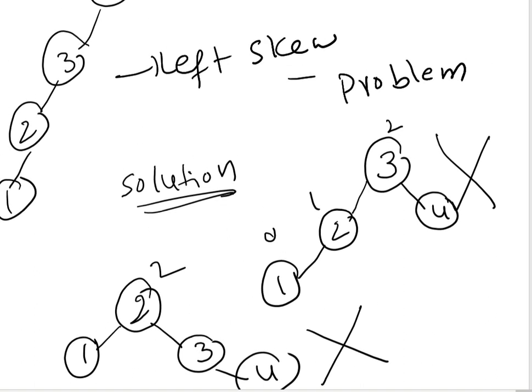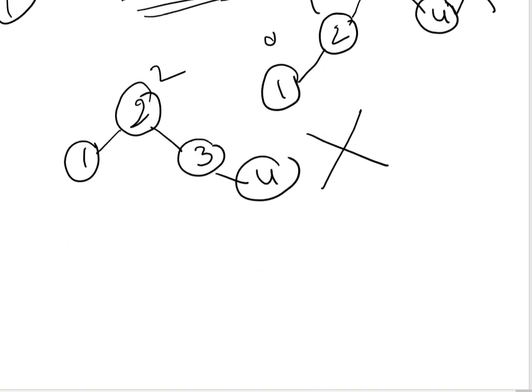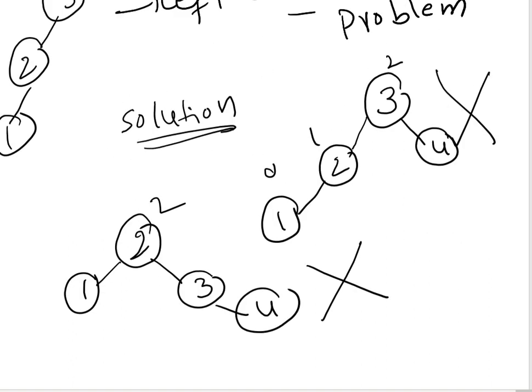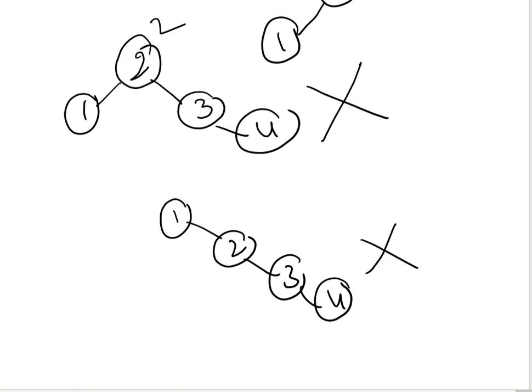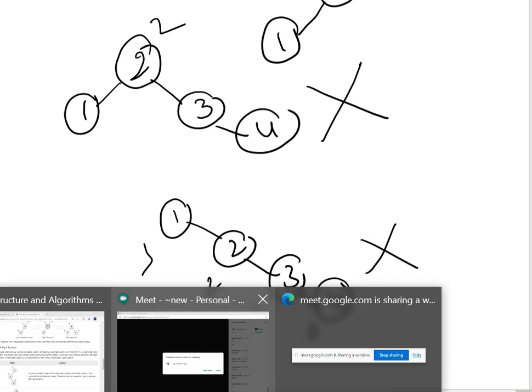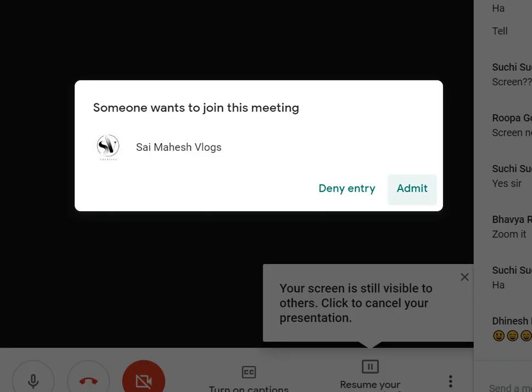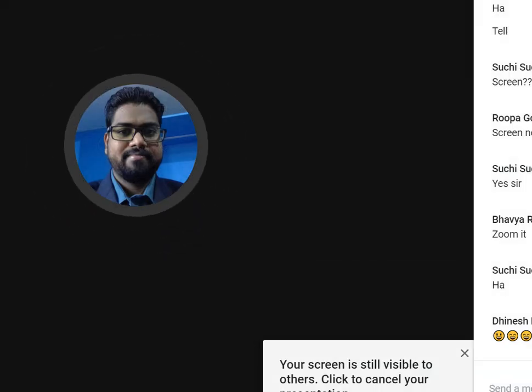So when can this tree be balanced? With root node 3 it fails, with root node 2 it fails. If we take root node 1 as well, 2, 3, 4, again it fails because 0, 1, 2, 3. When can this tree get balanced?